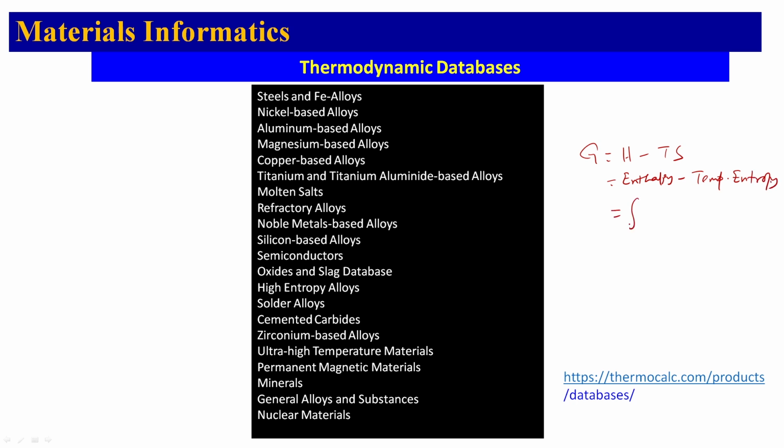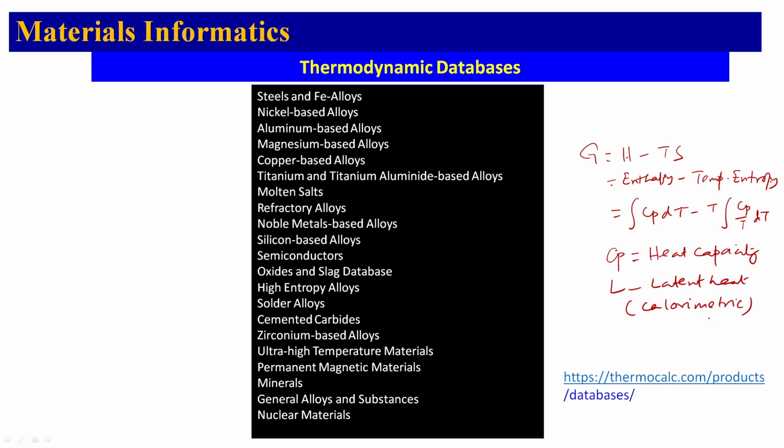So, we can always write this as Cp dT, and this one as Cp/T dT, right. So, what you need to know is the Cp, heat capacity. Also, you need to know the latent heat. That is what is called calorimetric data.